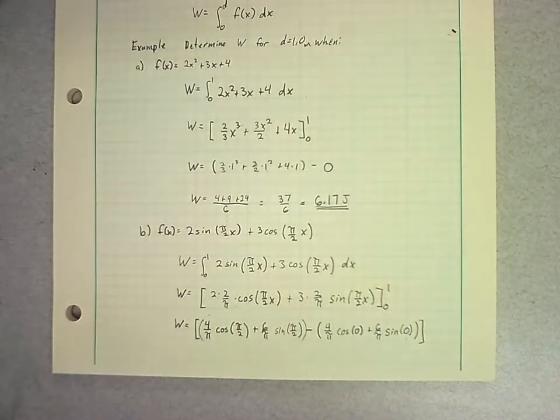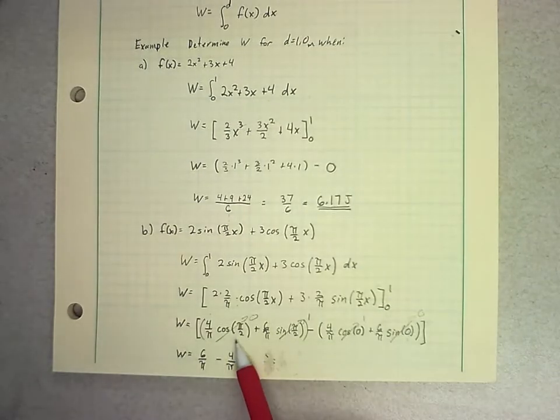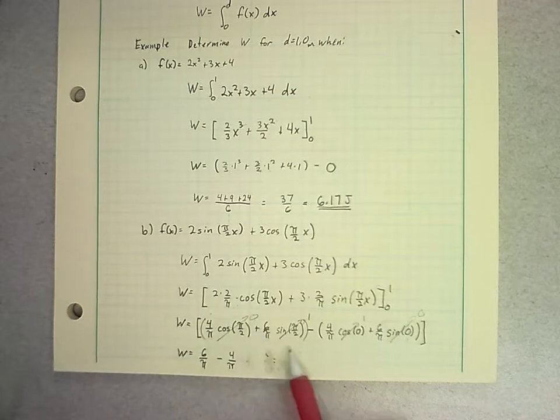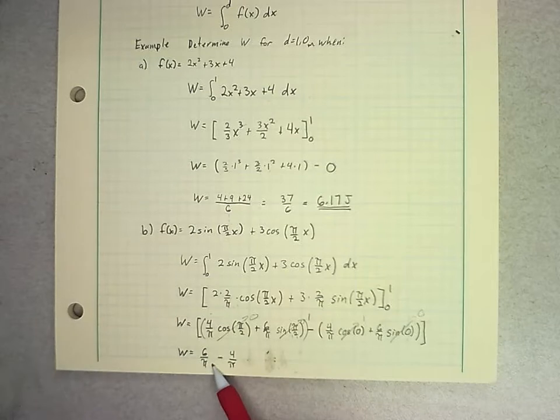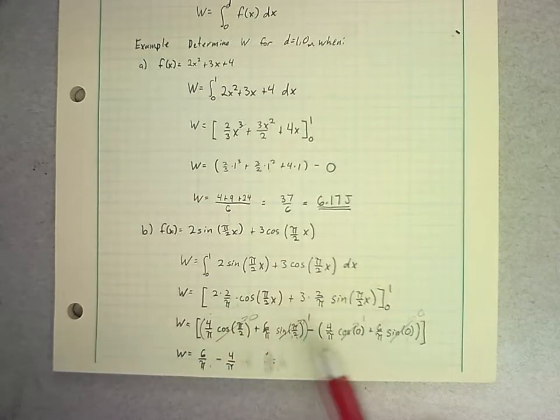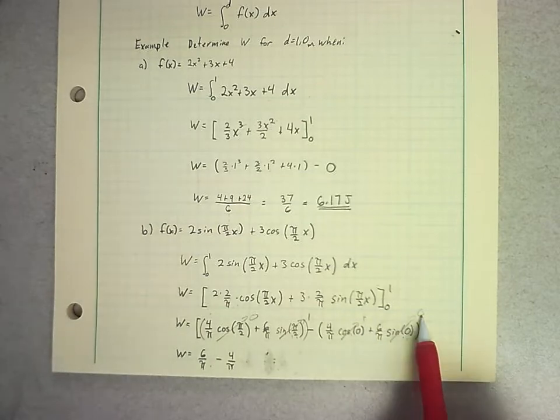Nice thing is because we have these values of pi over 2 and 0, that some of these terms are going to go away. So since cosine of pi over 2 goes to 0, sine of pi over 2 goes to 1, we just end up with the 6 over pi term from the first half. And from the second half, the cosine term goes to 1, and the sine term goes to 0.